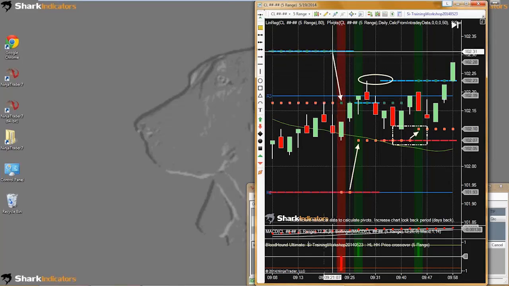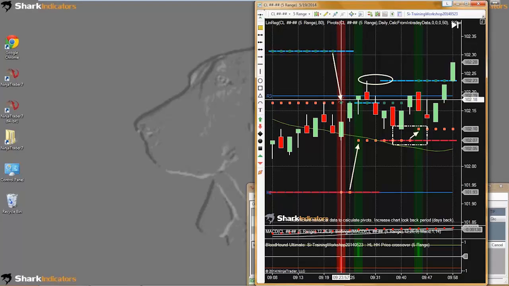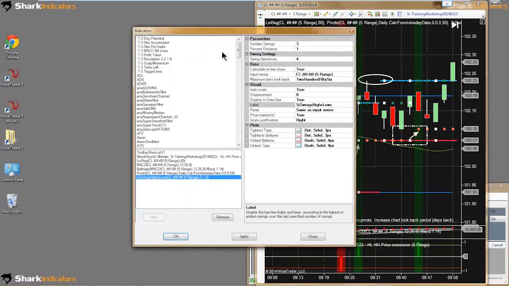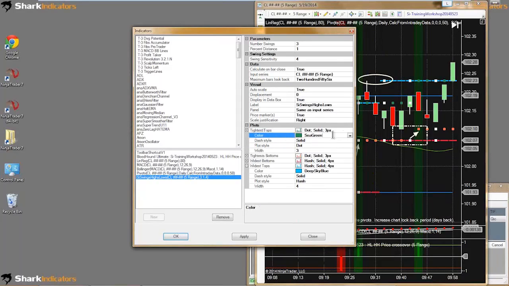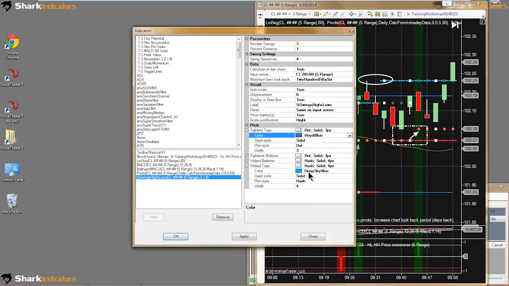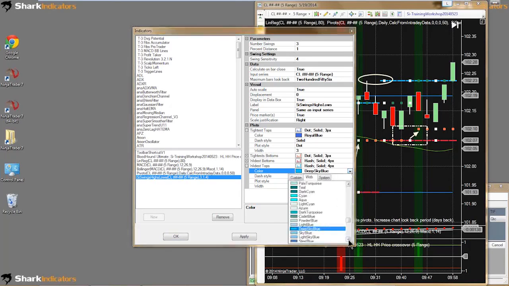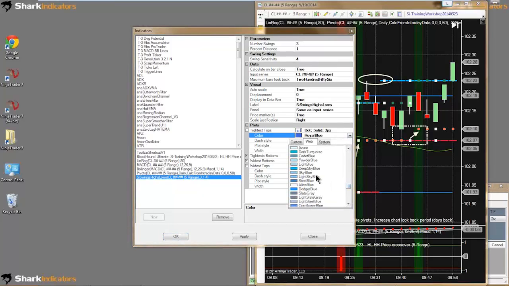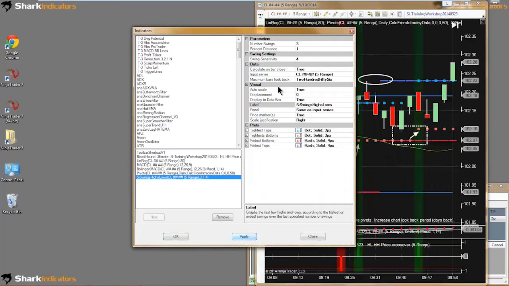So when the blue dots drop down, I should make that a little easier to see. There we go.